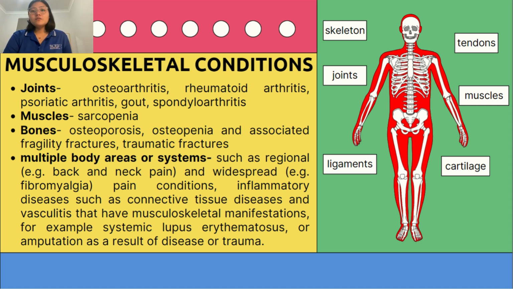Lastly, we have the multiple body areas or systems, such as regional and widespread pain conditions, inflammatory diseases such as connective tissue diseases and vasculitis that have musculoskeletal manifestations. For example, systemic lupus erythematosus, or amputation as a result of disease or trauma.